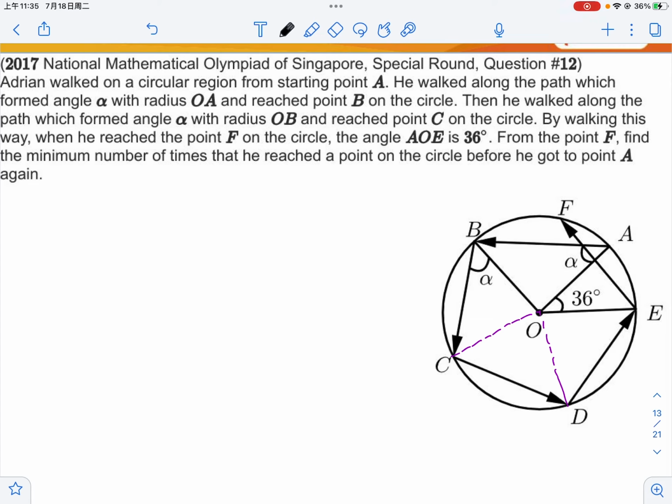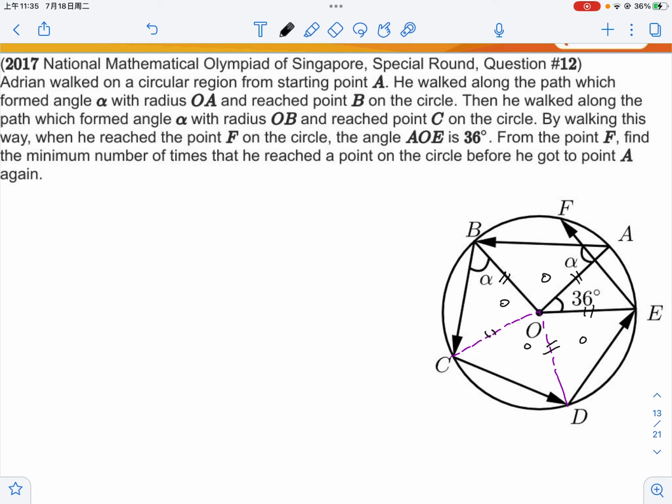Right, 360 degrees. Then we know that each time they turn alpha degrees, and we know that OB equals OA equals OC equals OD equals OE. So we have 1, 2, 3, 4 isosceles triangles.